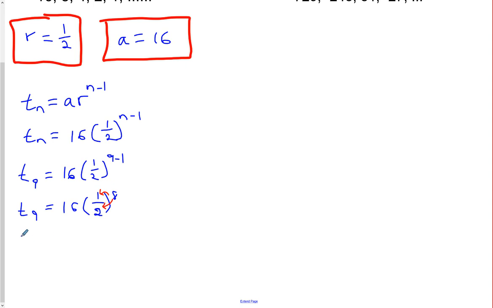So when we actually write that out, we're going to say t to the 9 equals 16 times 1 to the power 8 over 2 to the power 8.